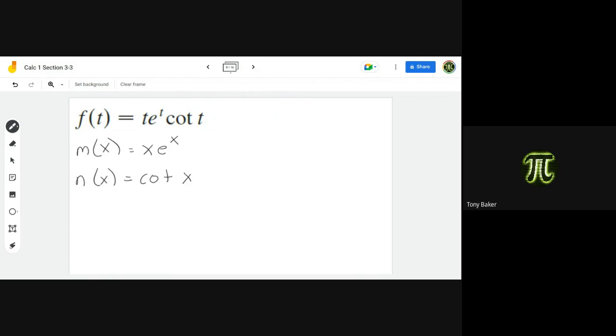So you could have broken up, like you could have put the e to the x on the second one if you wanted. It doesn't make a difference. All right. So now find me m prime of x and n prime of x. You just now have to do the product rule for that one.